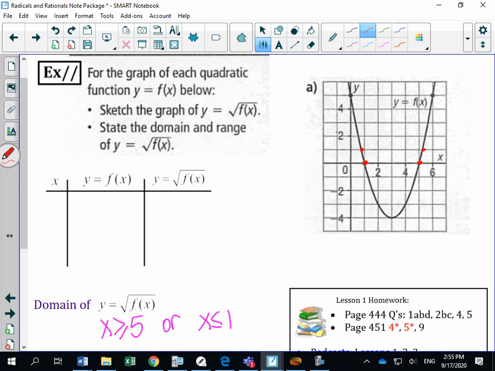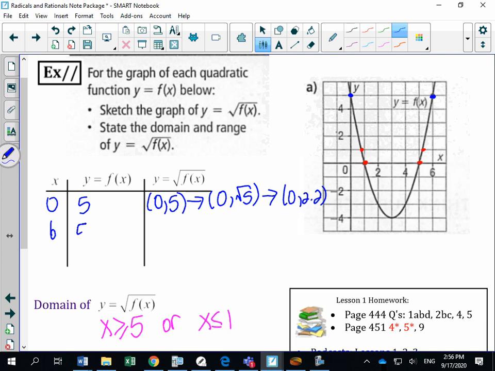From here, I need a couple of other points. I'm going to take this point here, which is (0, 5), and (0, 5) on my radical is going to be at 0, the square root of 5, which will be (0, 2.2). And then I'm going to take this point here, which is (6, 5).